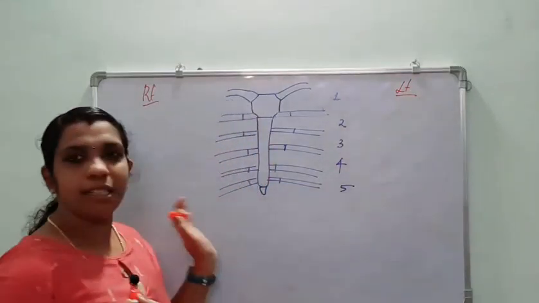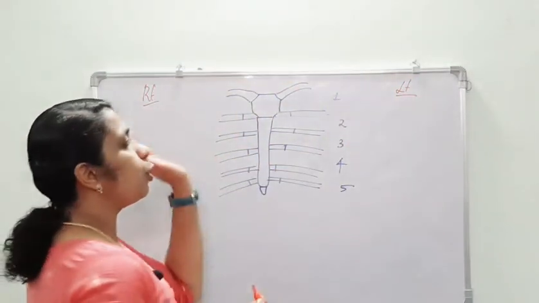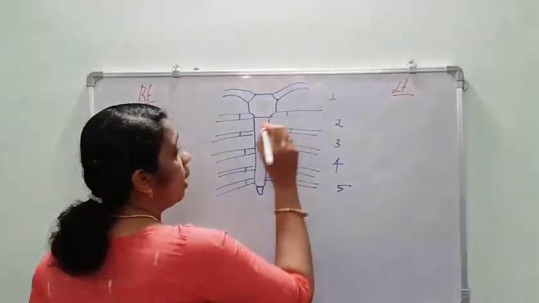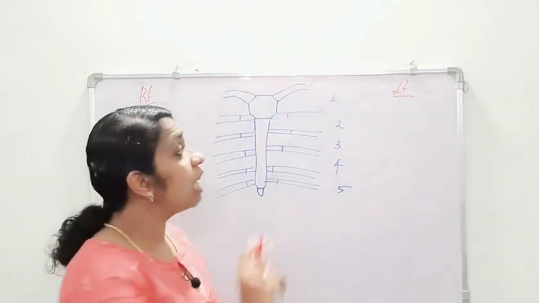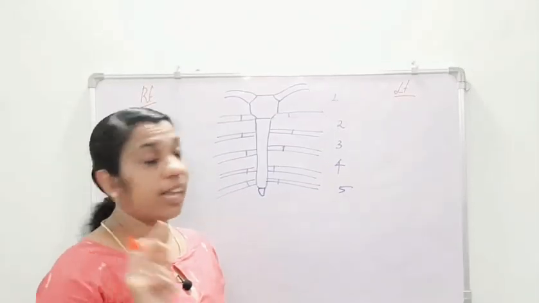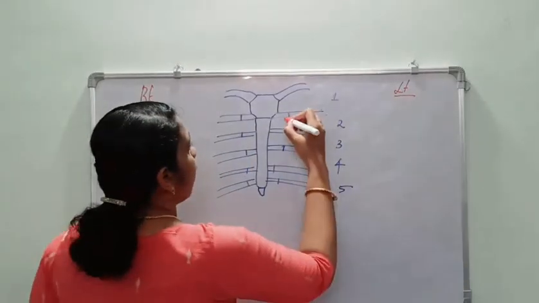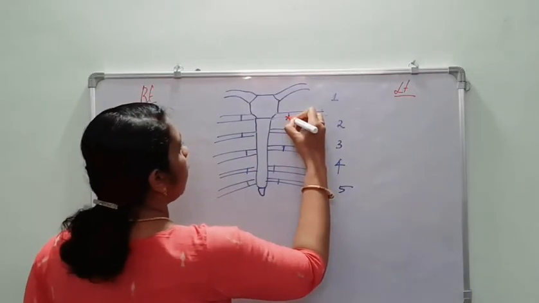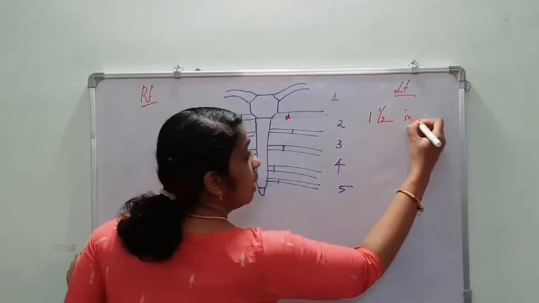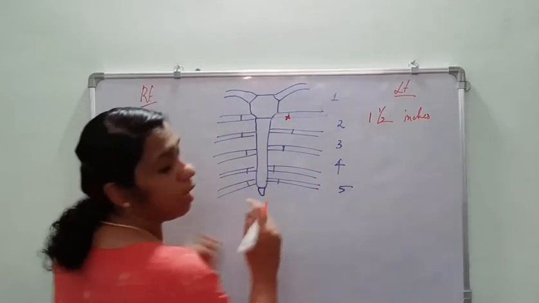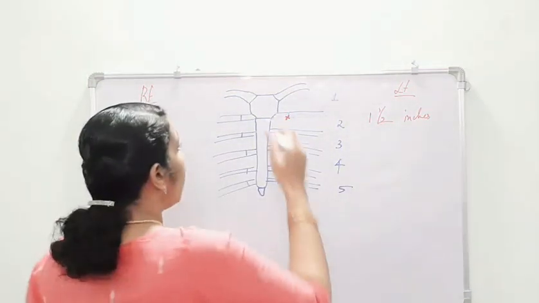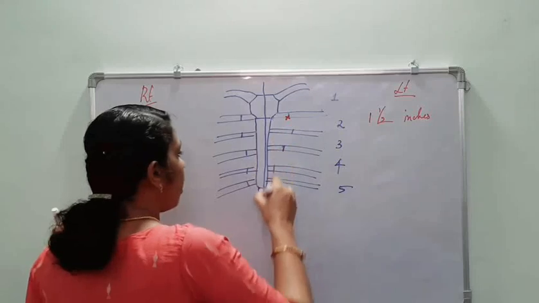The first point we should remember is the point on the lower border of the second left costal cartilage, which is 1.5 inches away from the median plane. So what is the median plane? The median plane runs along the center of the sternum.